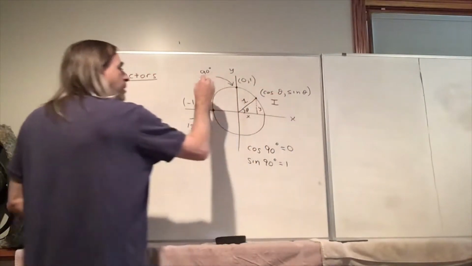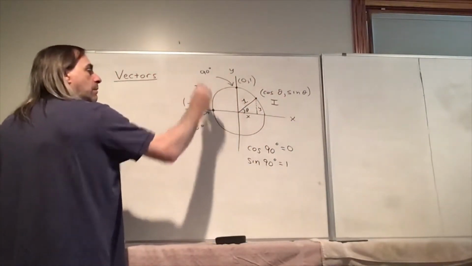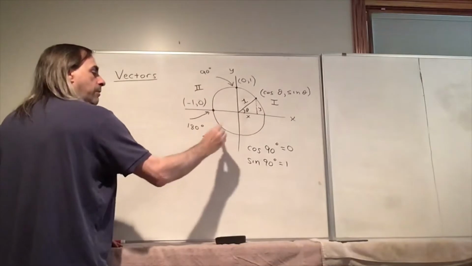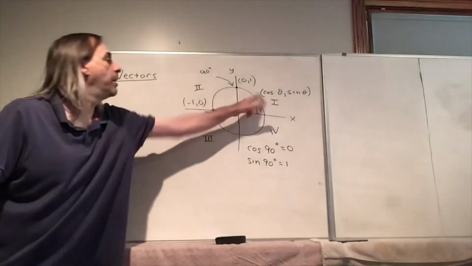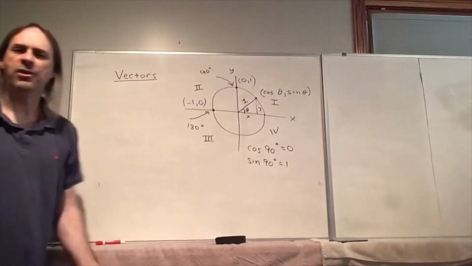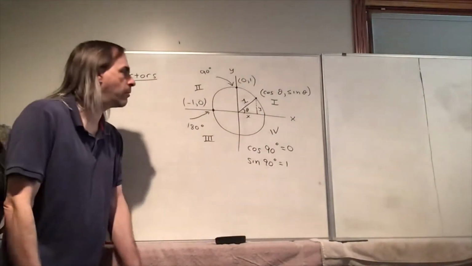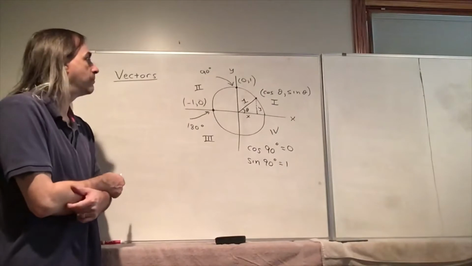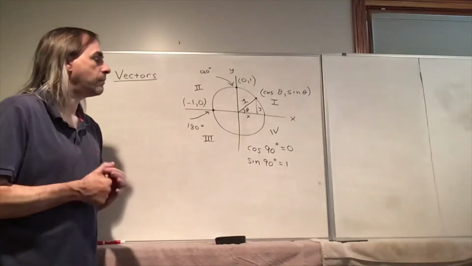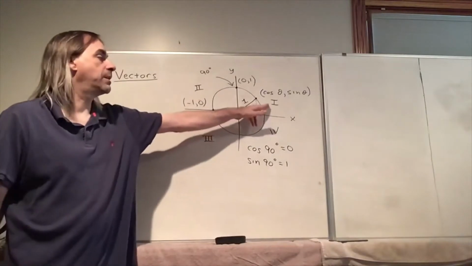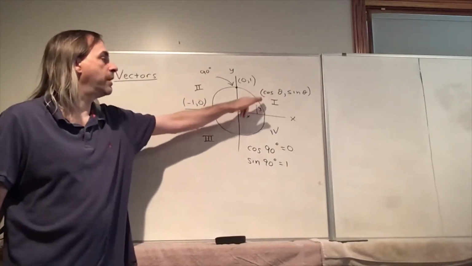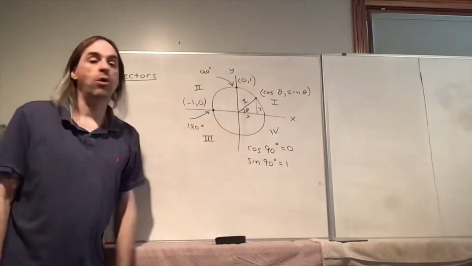Might look weird when you first see this, but there are 4 quadrants, and it looks like this: 1, 2, 3, 4. I remember the first time I saw that, I thought, why would they do it that way? That just looks strange. But it's just the way we measure angles, and this makes sense. We start in quadrant 1, and then we go to quadrant 2, 3, and 4.